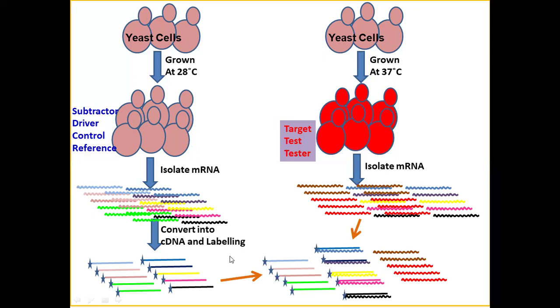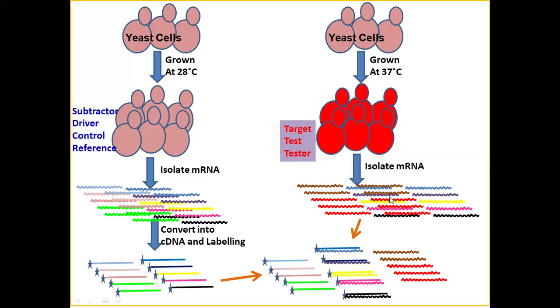So what will happen? The cDNA molecules which have a complementary region in the mRNA will hybridize. The remaining cDNAs which do not have any complementary sequence in the mRNA will remain unbound. Similarly, a set of mRNA molecules which do not have any complementary with the cDNA also remain single strand.